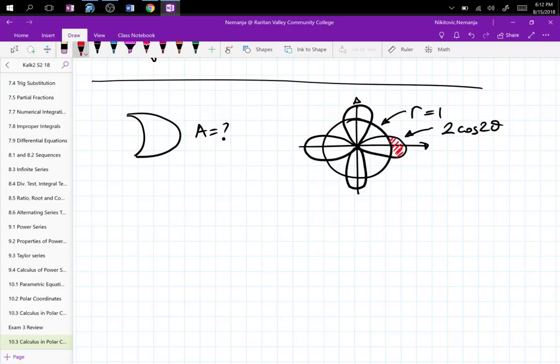Now, what we are going to learn here is that instead of a representative rectangle, we have what I like to call a representative pizza slice. The representative pizza slice will go from the center to the edge of the outside function, and you see that the inside function is crossed as well.